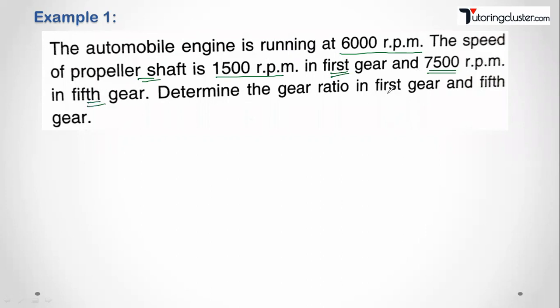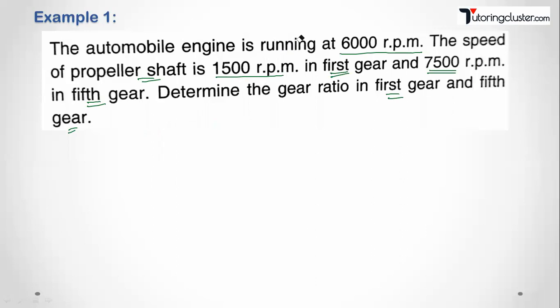Determine the gear ratio in the first gear and fifth gear. Have you understood the example? See, what is given? Automobile engine is running at 6000 rpm. So can I say Ni is equal to 6000 rpm?